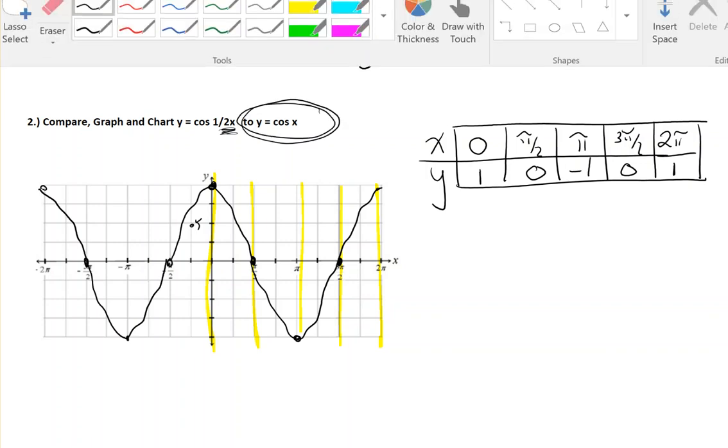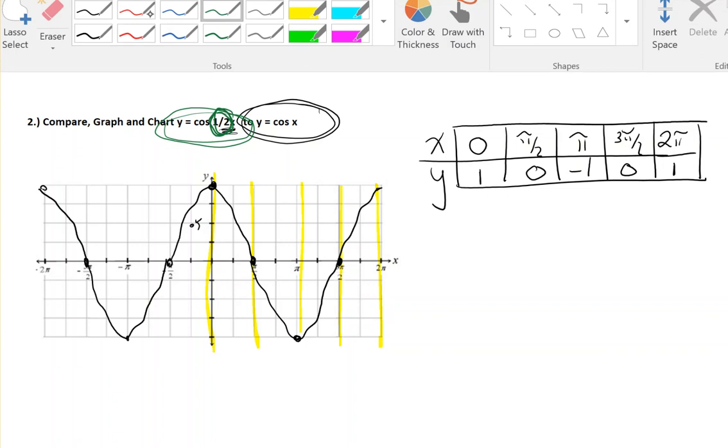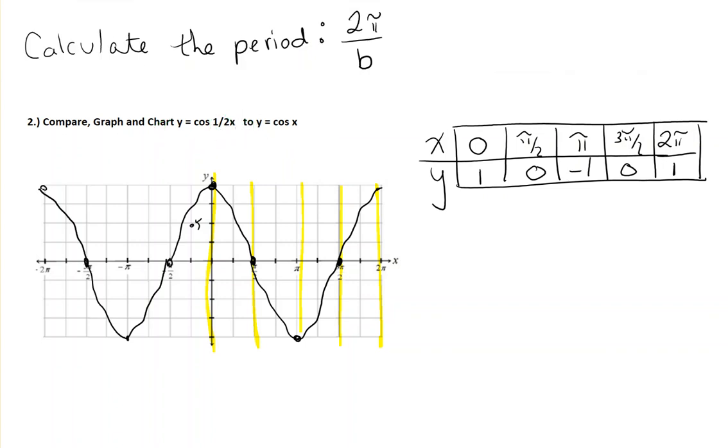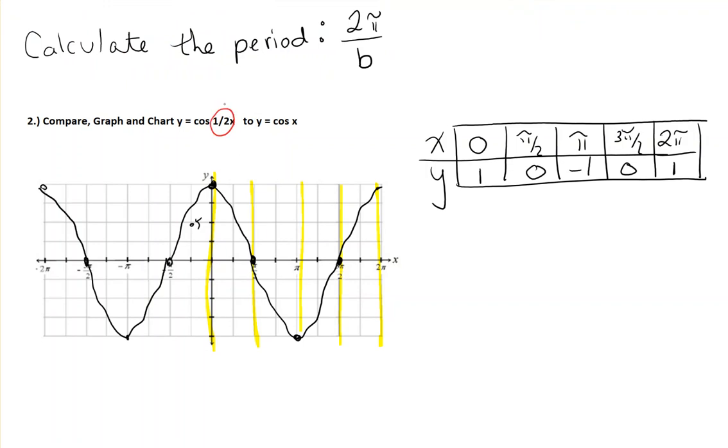What we want to know is what happens with y equals cosine of half x. We should know that having a number like half x actually affects the period, so you're responsible for knowing how the different numbers affect it. This is our b right here, so the period would be 2 pi over half.